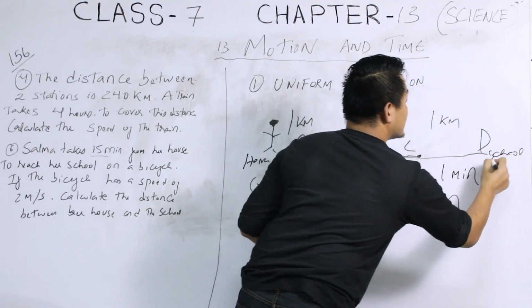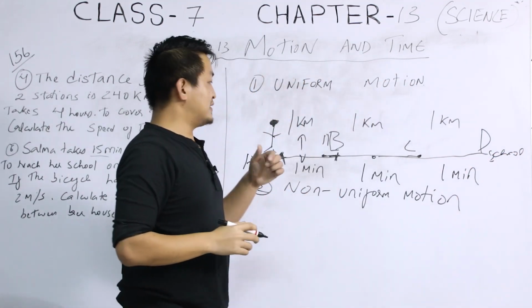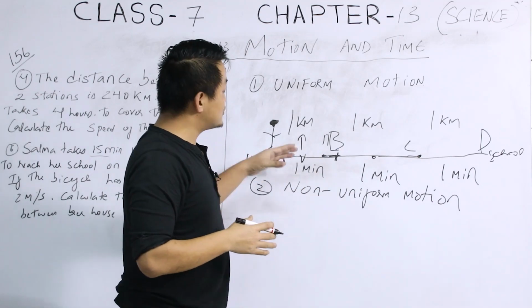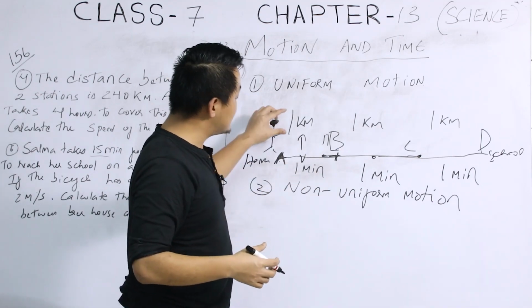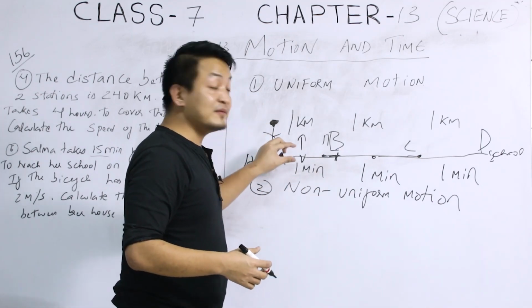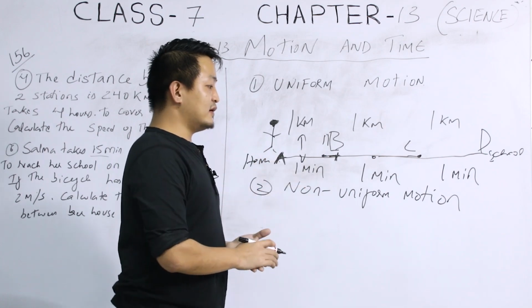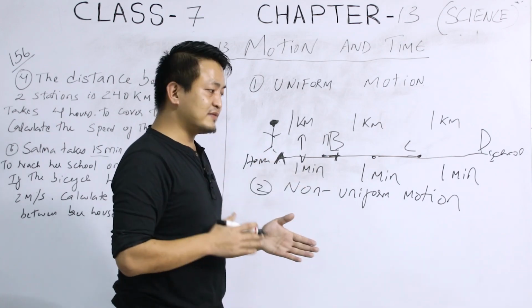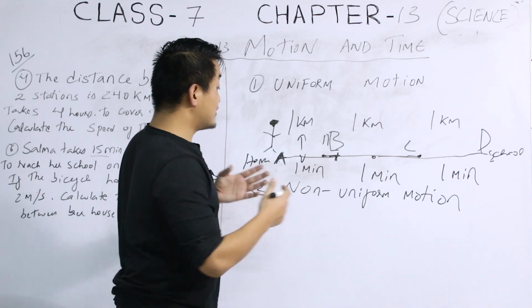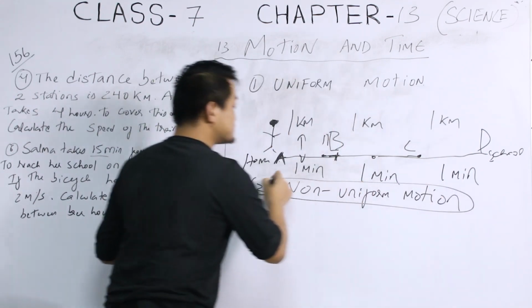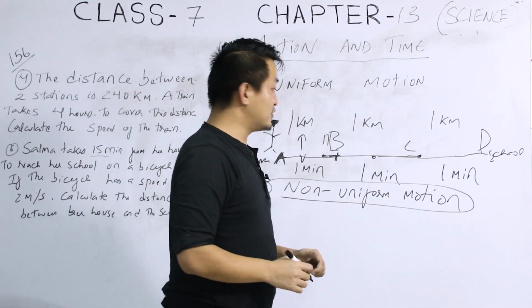You cannot expect yourself to cover the same distance in the same time, because sometimes you might walk a little faster, sometimes a little slower. So in real life, only non-uniform motion is possible.